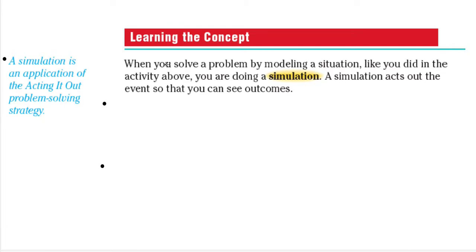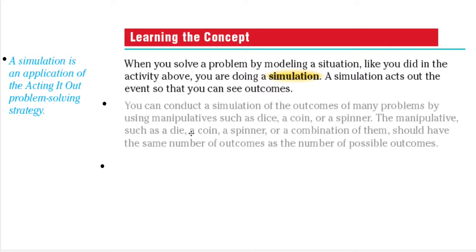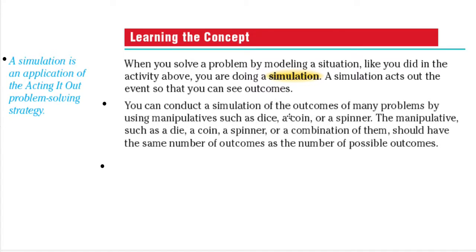So this is one way of finding the solution to a problem by actually creating a simulation, or acting it out. You can conduct a simulation of outcomes of many problems by using manipulatives such as dice, a coin, or a spinner.